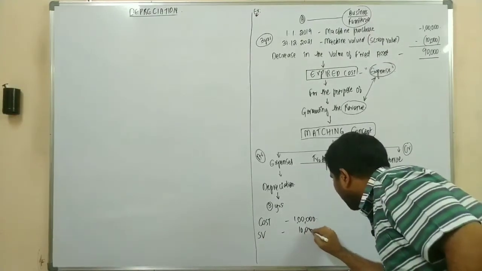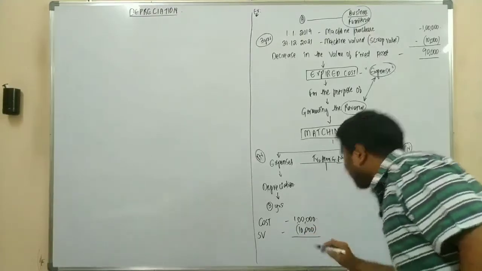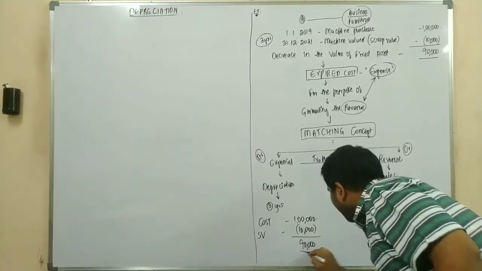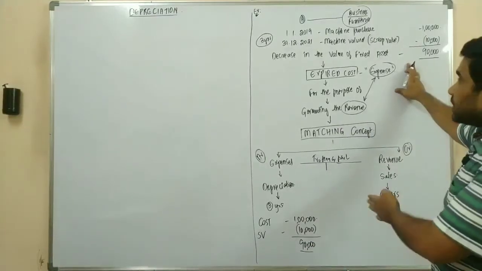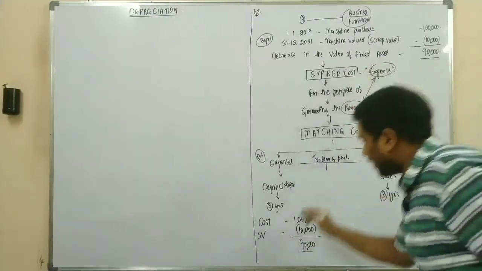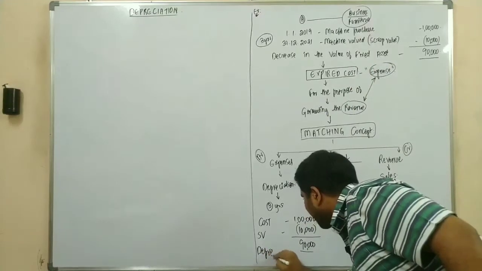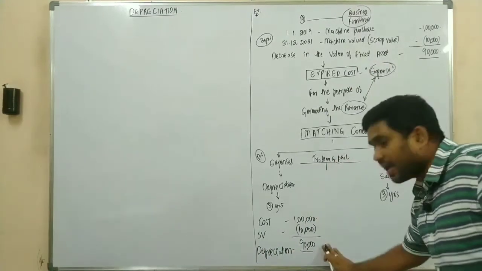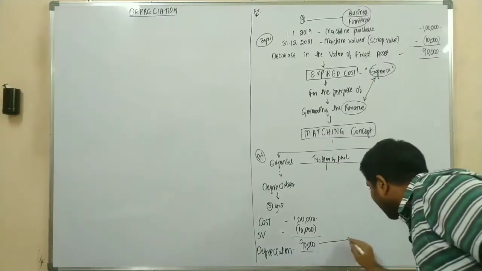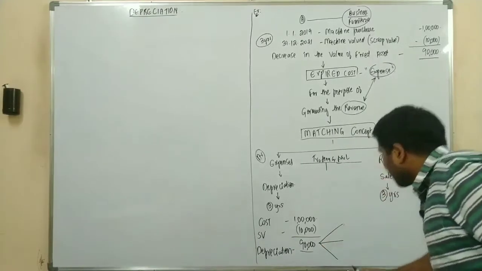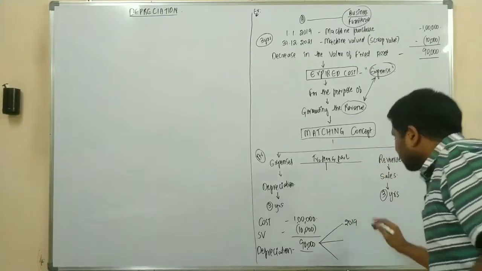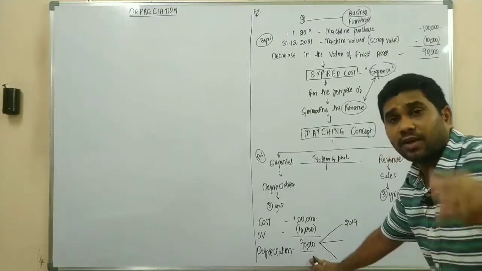This 90,000 rupees, which is termed as an expired cost, is your depreciation. But this depreciation of 90,000 was for 3 years.